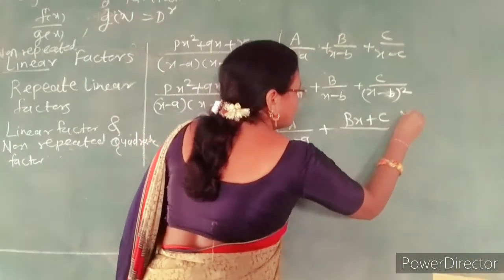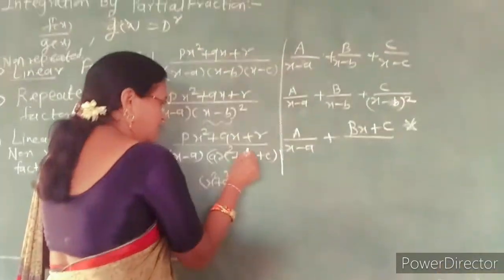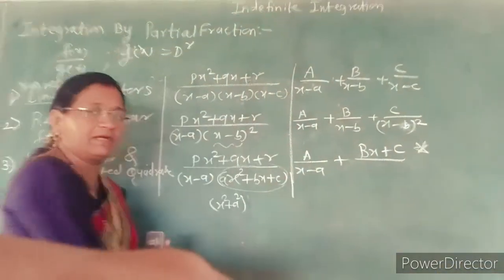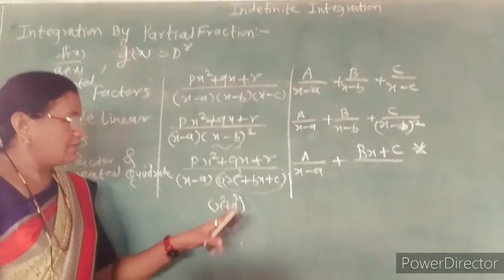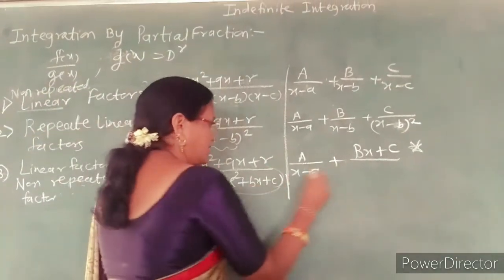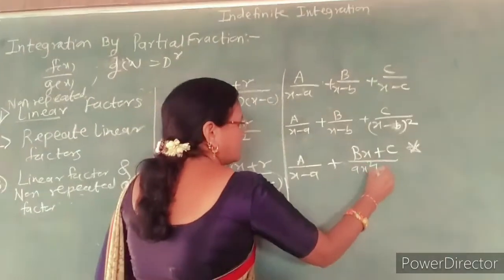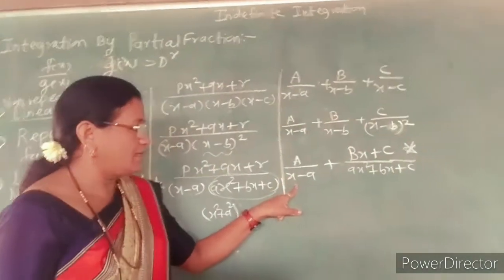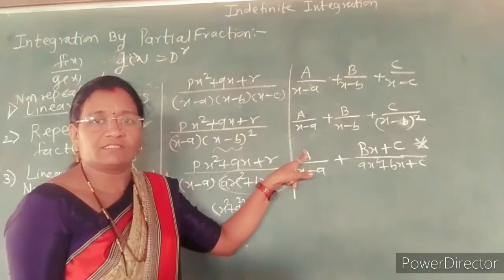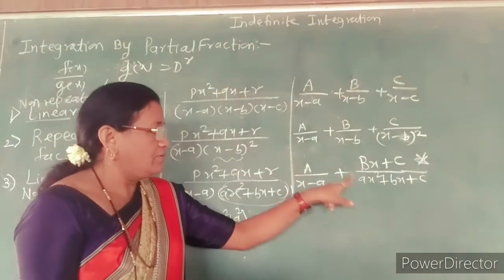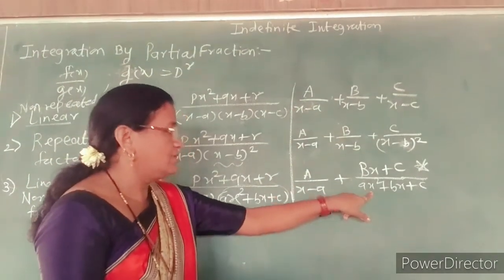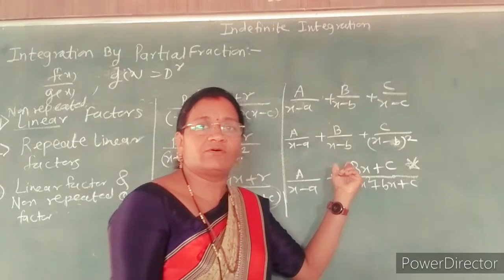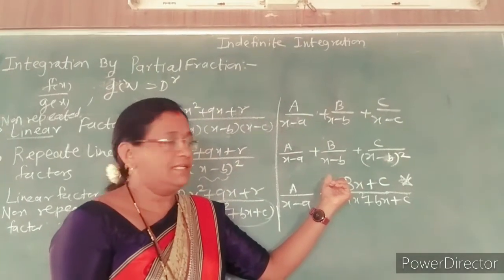Here remember that for the non-repeated quadratic factor we take the numerator as bx plus c over ax square plus bx plus c. This means when the degree of the denominator is 1, we take the numerator as a constant. When the degree of the denominator is 2, we take its numerator of degree 1, that is linear.